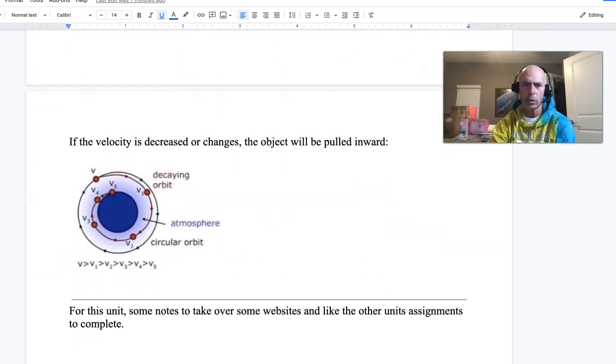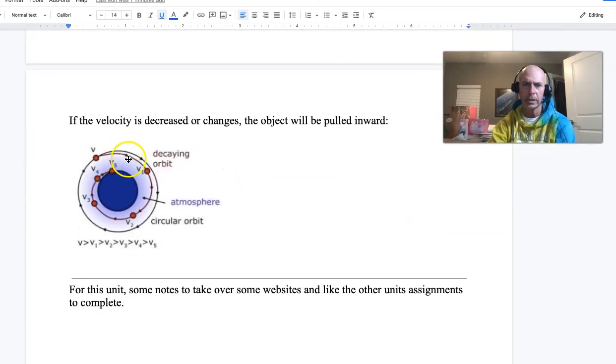What would happen though, maybe if we decrease the velocity? Well, this happens with satellites as they orbit our planet. As a satellite impinges on some of the air molecules in the upper atmosphere, its velocity gets less and less. If it gets less and less, there's really not enough velocity to keep it in a specific orbit that high.